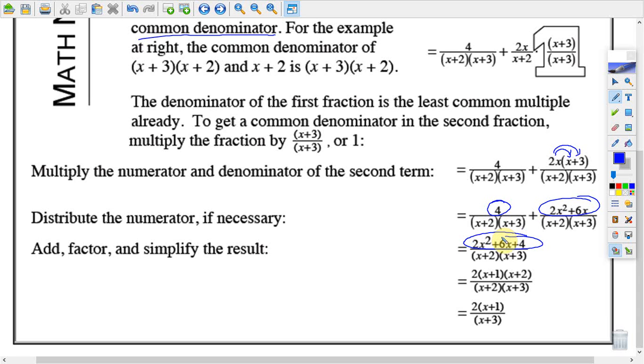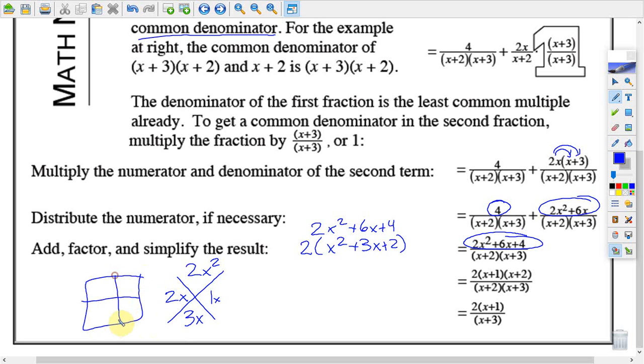Our final step is now going to be to factor the top. Well, when I have 2x squared plus 6x plus 4, I either notice that everything's divisible by 2 and start factoring it by doing a diamond problem that says 2x squared, 3x, and I ask myself what multiplies to 2 and adds to 3? 2 and 1.